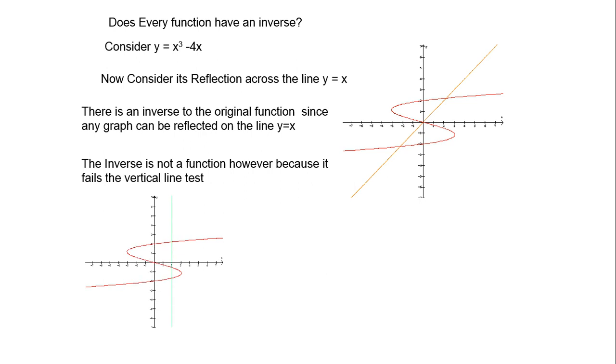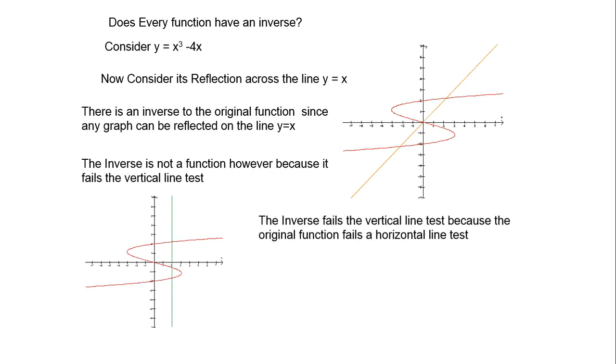Now how might we know that ahead of time? Well, take a look at it, okay? Our original function here would fail a horizontal line test. Now, remembering when something is reflected across the line y equals x, x equals y, and y equals x.